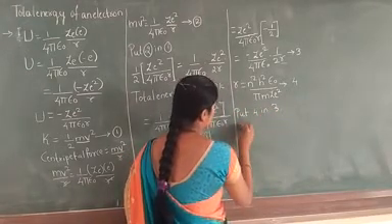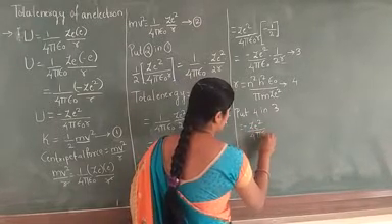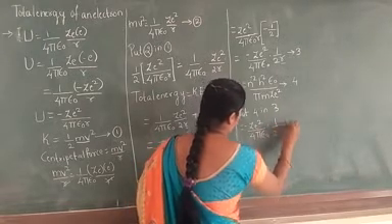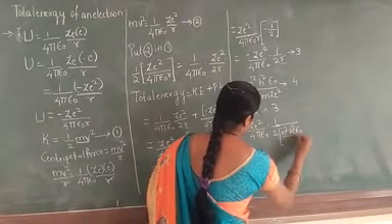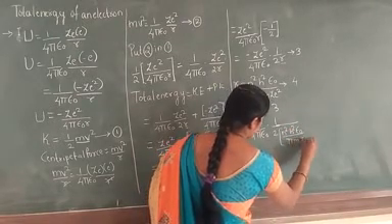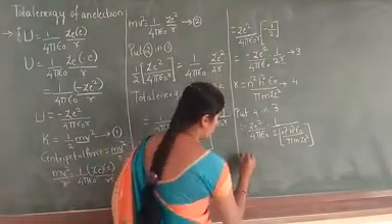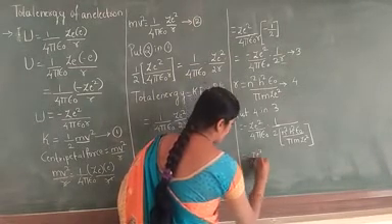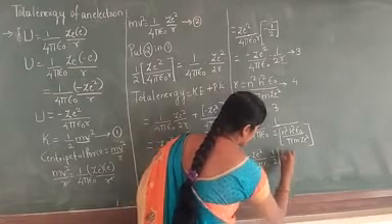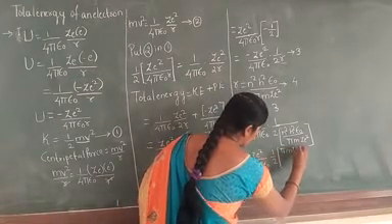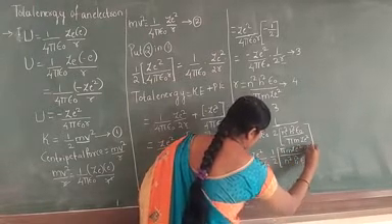We get the value as minus Ze square divided by 4 pi epsilon naught into 1 by 2, where the value of r is n square h square epsilon naught divided by pi m Ze square. This can also be written as minus Ze square divided by 4 pi epsilon naught into 1 by 2, into pi m Ze square divided by n square h square epsilon naught.